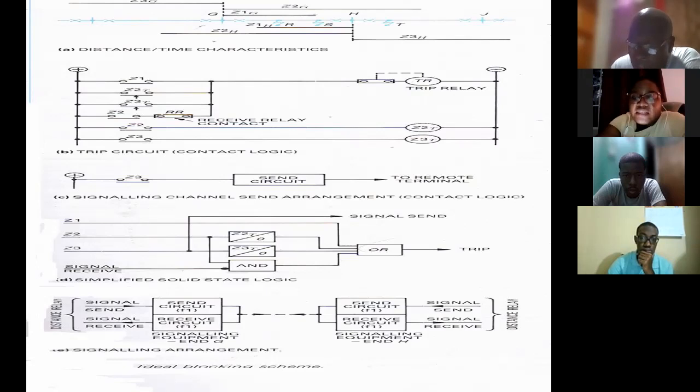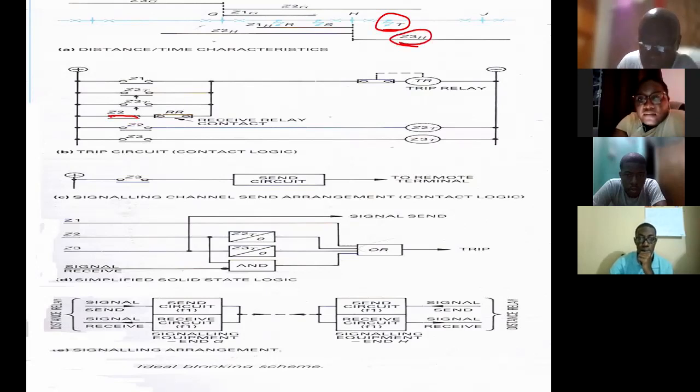So that's for S. But at T, come on, it's over here. So because it is in zone 2 from G, then this would close. Yes? However, it is also in zone 3 at H. So H would send a signal and this would open.